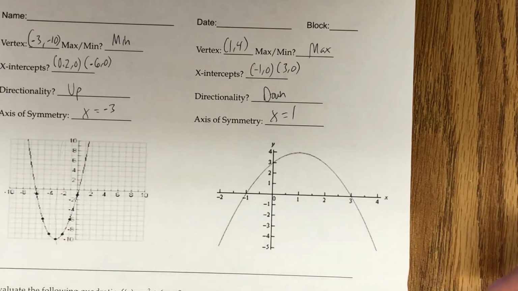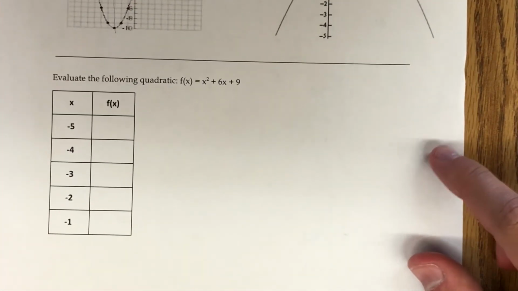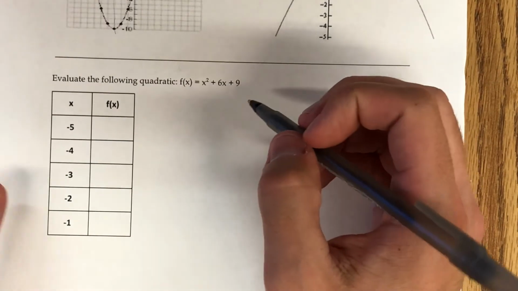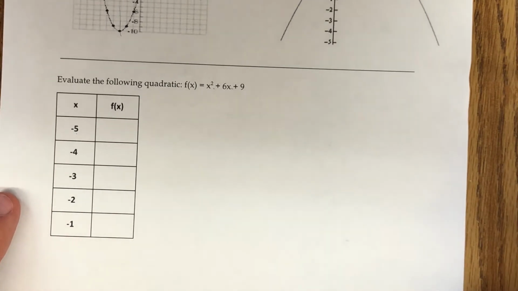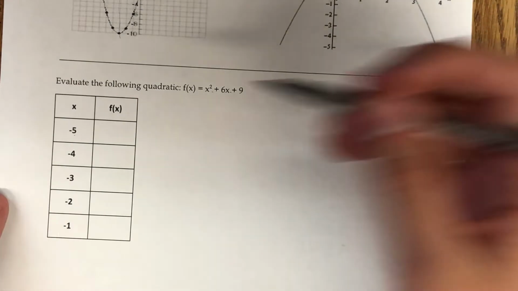Okay. So there's describing. Last thing we need to be able to do, or at least want to visit here, is graphing. And to do so, being able to plug things in, being able to use tables and such is very valuable. So what we'll do here is we want to plug in each of these values for x and solve for f of x.